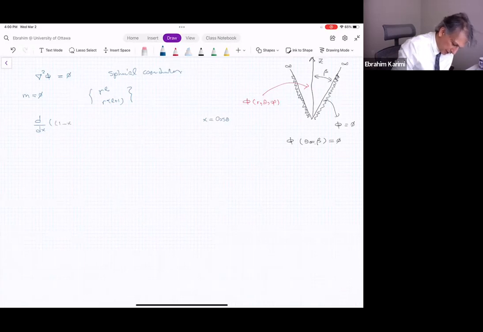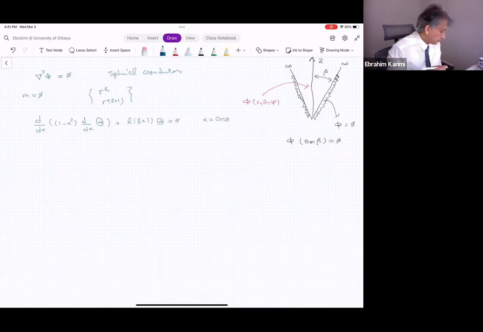Then we had d dx of 1 minus x squared d dx of the theta part, essentially, plus L times L plus 1 times theta equal to 0. This is what we had, and we had to solve this equation. Previously we said that the solution for theta is P_L of cosine of theta, or P_L of x.